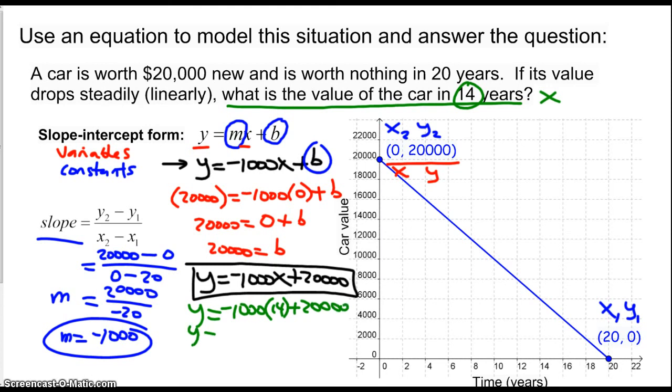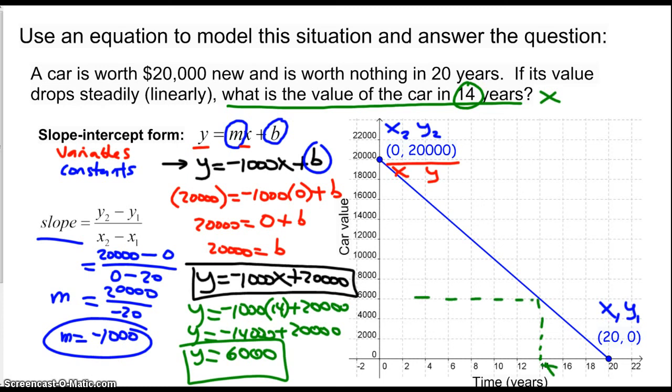Okay, so y equals, let's see, that's going to be negative 14,000 plus 20,000. And so that's going to be 6,000. Okay, so I know that in 14 years, the car is going to be worth 6,000. And in fact, if I plug 14 in for x, y is 6,000, right? Okay, so that's what's meant by using an equation to model a situation, right?